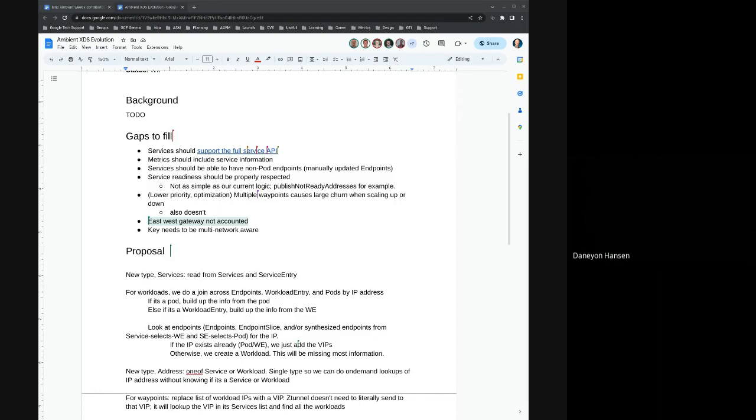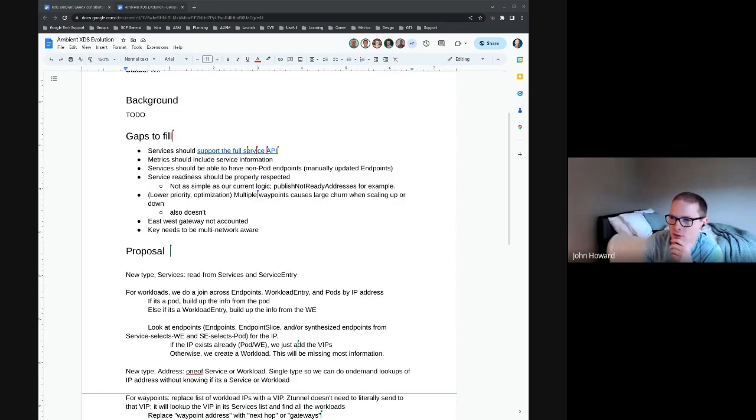So maybe it just makes sense to have gateway addresses be plural, and if it's a waypoint or an east-west gateway or whatever it might be, that becomes the destination or next hop for the destination workload IP. Yep, definitely. I don't think there's a case where you need to know the waypoint and the east-west gateway. I believe we can consolidate to one field. Have to think about it more, but that seems plausible.